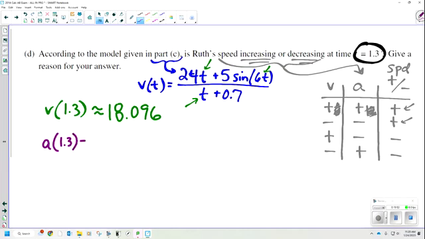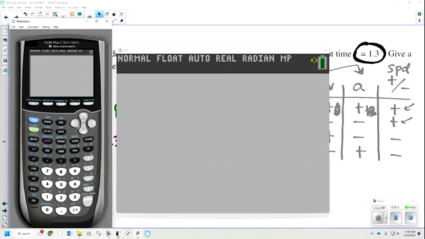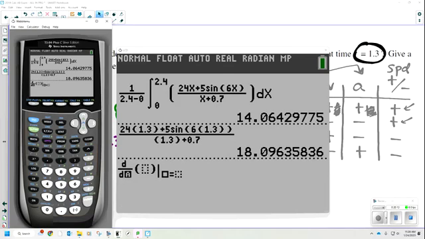So how do I get the acceleration at 1.3? Well, acceleration is the derivative of velocity. And my calculator, oh, my lovely, lovely calculator, can take the derivative for me as long as I have a value to put into the derivative, meaning math 8. Okay, the derivative of what function?